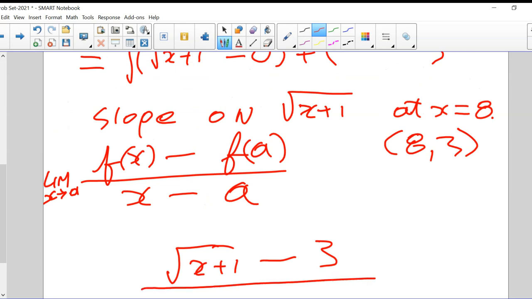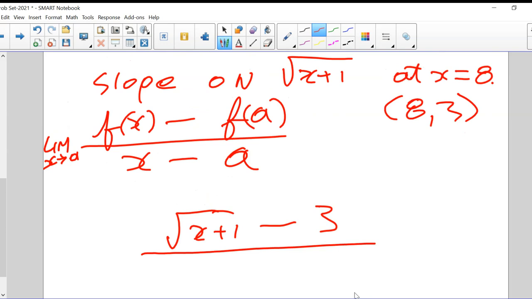Divided by, what did we put at the bottom? Does anybody remember? For the x minus a, what did we put? Nobody remembers what we put for the bottom? We put x and minus the 8, right? I guess somebody remembers that. Just put a generic x minus 8. Thank you, Sarah.